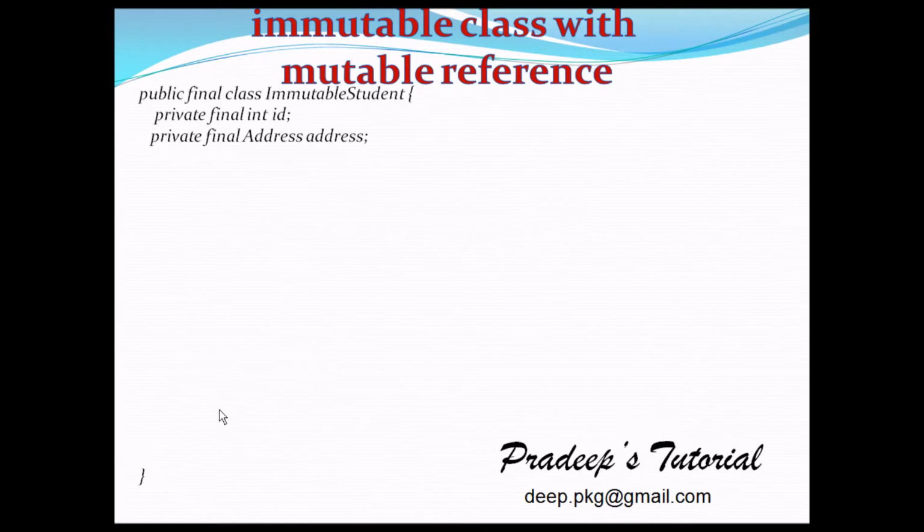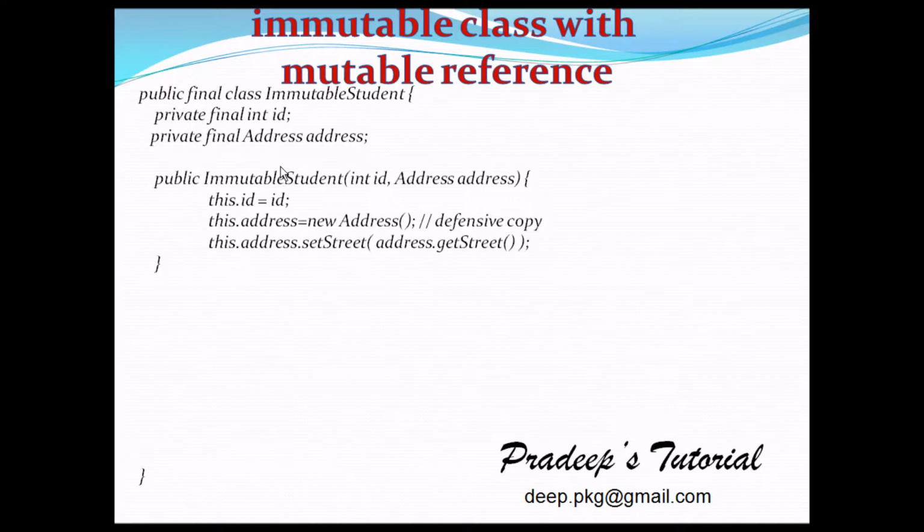As I mentioned, I have to create the class final. So I've created my class final and I have a variable int id. Here you can see I have an address, that is actually a mutable reference variable, a mutable object. So how will we create this one? We'll create a constructor and will not use a setter method. So I have int id and address. What I'll do here is simply create an object of this address in this class only.